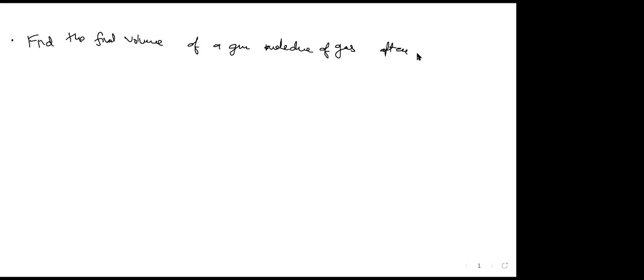So let's move on to the next question. Okay, so now things are actually expanding. Lovely. Find the final volume of a gram molecule of gas after an isothermal expansion at 127 degrees Celsius.